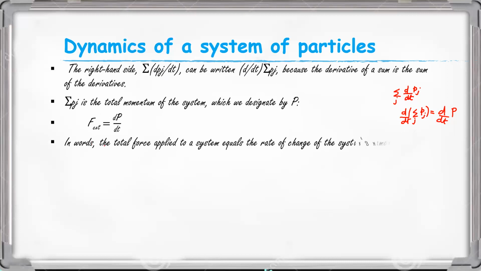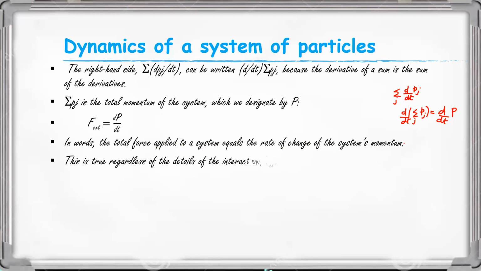In words, the total force applied to a system equals the rate of change of the system's momentum. Repeat. The total force applied to a system equals the rate of change of the system's momentum.